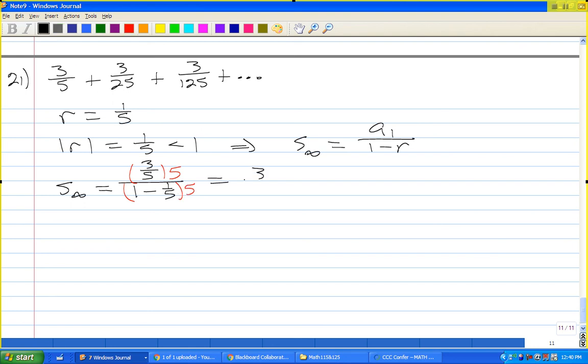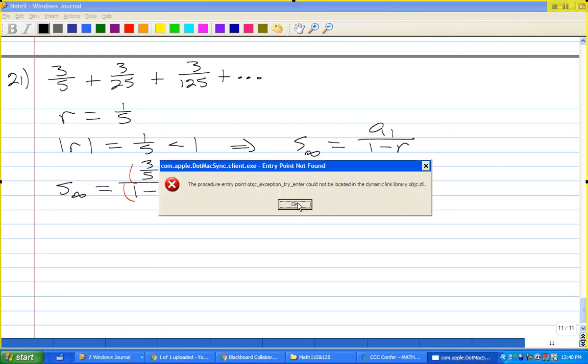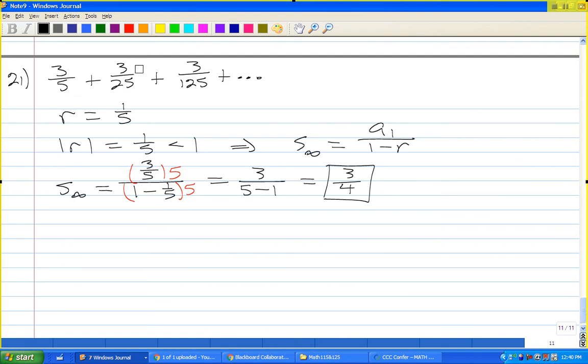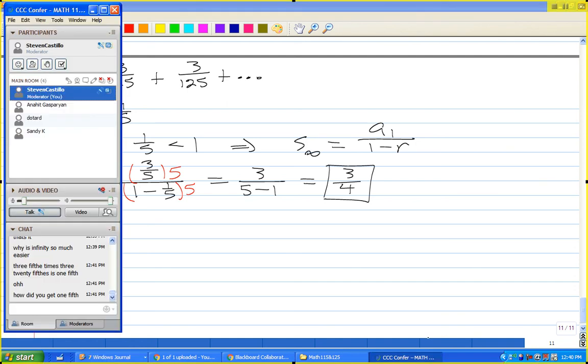The 5's cancel, you get 3. 5 times 1 is 5. The 5's cancel. 5 minus 1 is 4. So if you add up all these numbers, 3/5 plus 3 over 25 plus 3 over 125, going on forever, you get 3/4.